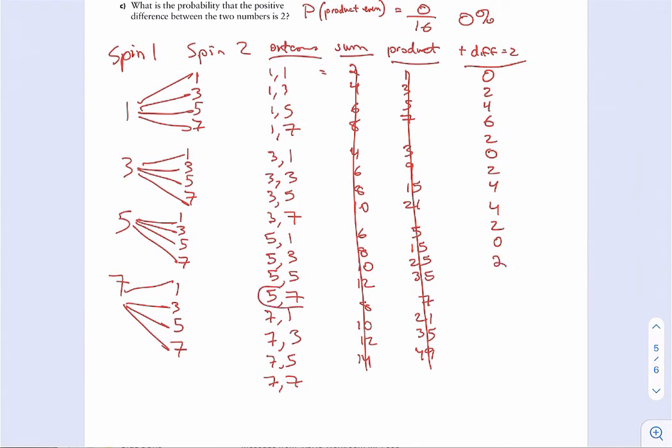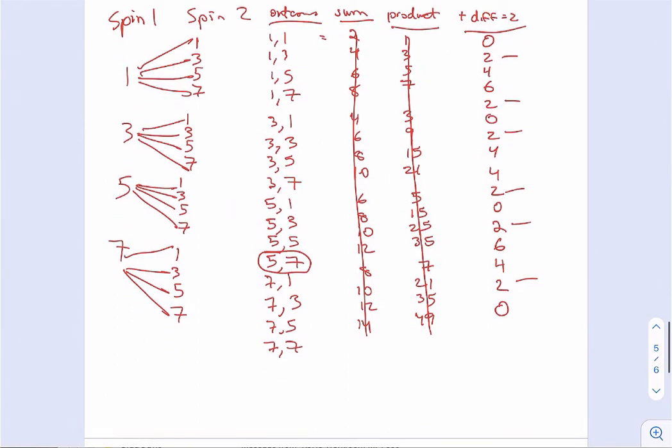Again, this is an example of positive difference. If I went 5 subtract 7, that would give me negative 2. That's not a positive difference. So I go 7 subtract 5, changing the order there. Now we have 7 subtract 1 is 6, 7 subtract 3 is 4, 7 subtract 5 is 2, and 7 subtract 7 is 0. So now I look for the 2's. 1, 2, 3, 4, 5, 6.